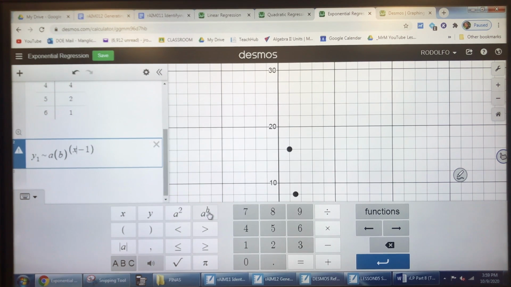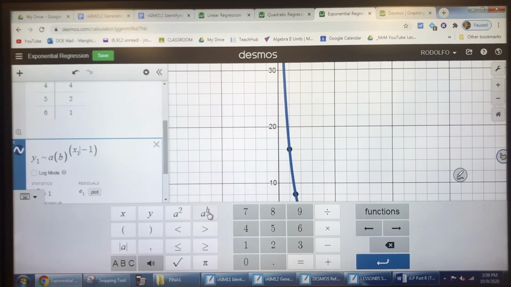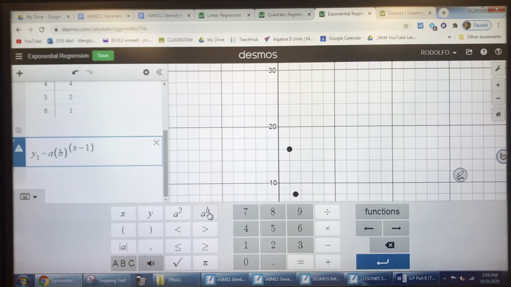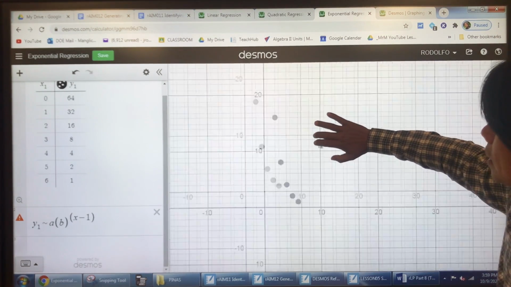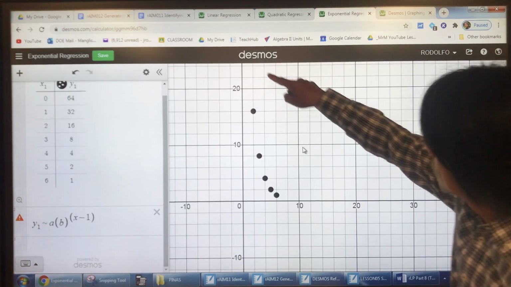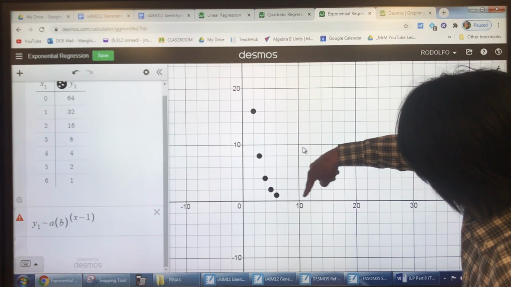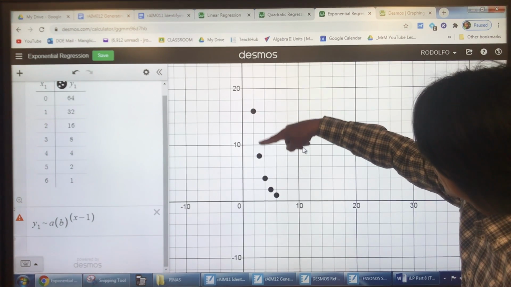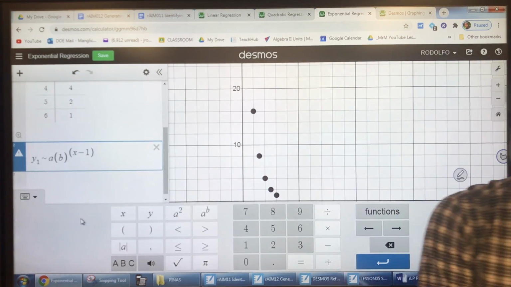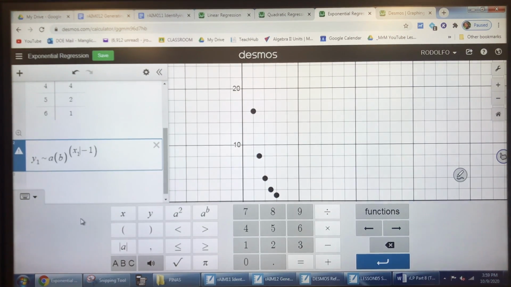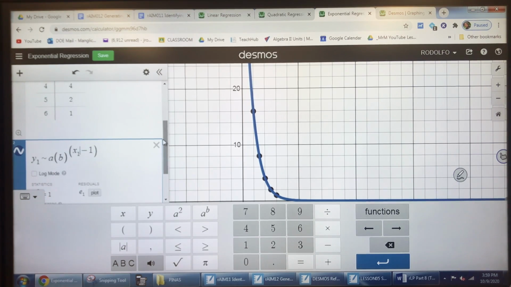What am I missing? Subscript. Without the subscript, take a look on this table, on the grid. You see the points. It's an exponential decay. All right, it's a decay. Now, what am I missing? So the subscript 1. There you go.